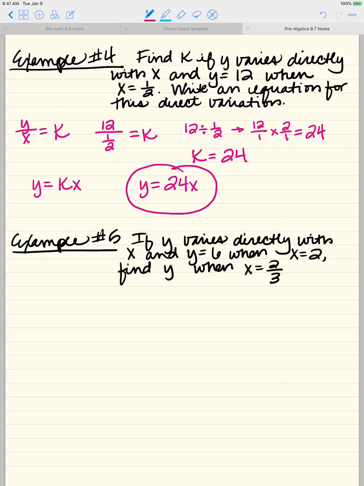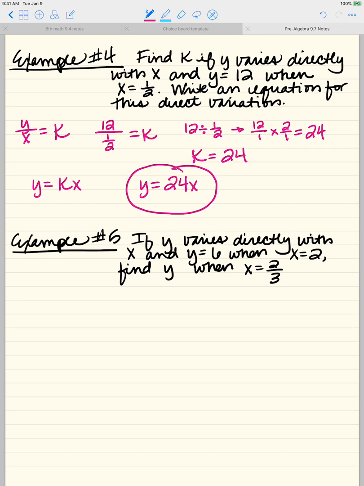Example number 5. If y varies directly with x, so we're dealing with a direct variation, and y equals 6 when x equals 2, find y when x equals 2/3. First step here is we have to figure out what k is, because in order to do this, I have to come up with my equation for this direct variation in order to figure out what is y when x is equal to 2/3.